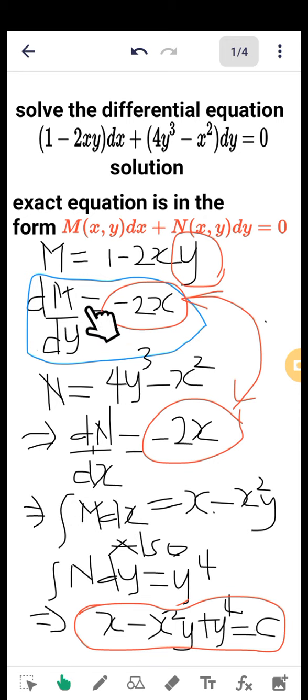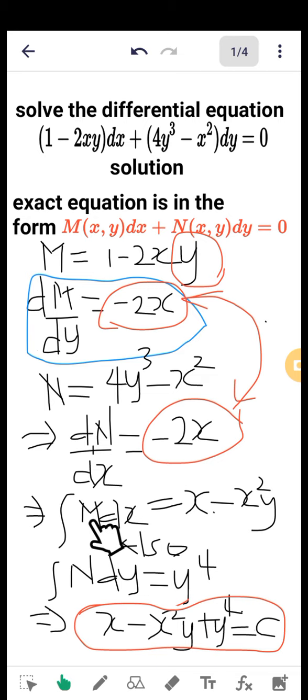When we were testing, we differentiated M with respect to y, so it's like vice versa. Differentiation and integration are inverse operations, so the derivative of the solution of an integration will be the integrand, whilst the solution of the derivative will be the answer for integration.